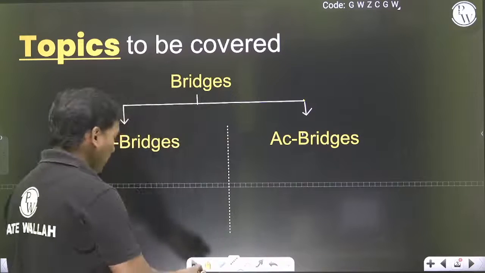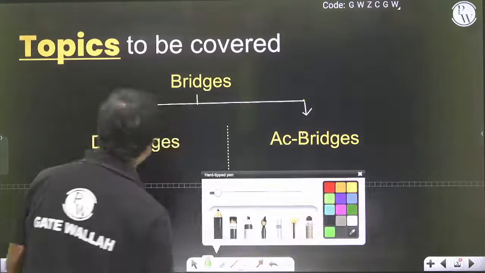So first we'll start with the DC bridge. In the DC bridge, we are going to have the Wheatstone bridge.